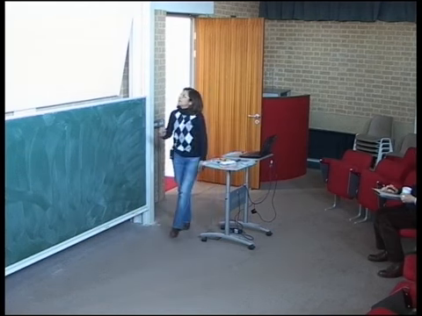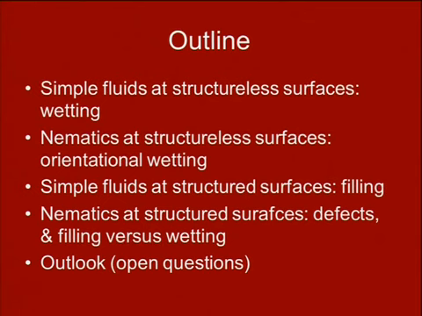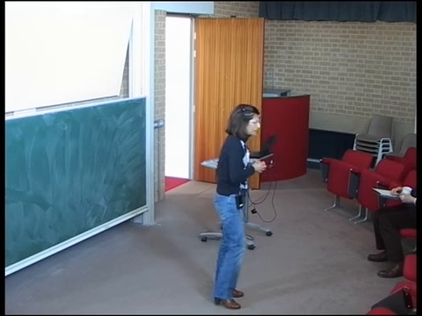This is a very simple outline. I'll give you a few words on a long story, which is the wetting of simple fluids at flat substrates, and then I'll say a few words about nematics. This is really old work, and then I'll come to the problem which has been revived in recent years: what happens if your substrate has geometrical structure on micron scales.